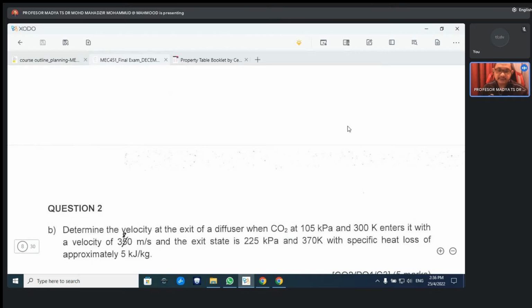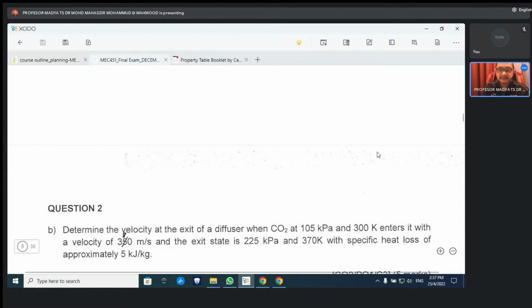And this equation actually comes from Q minus W is equal to delta E, where the total change of energy includes enthalpy, potential energy, and kinetic energy.